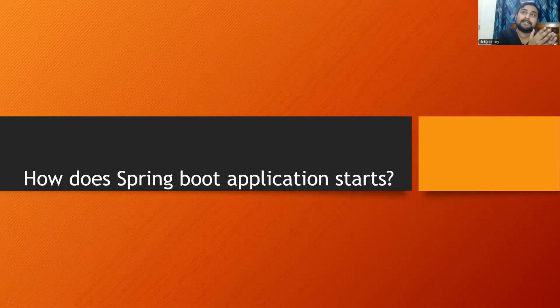After the bean initialization process starts, it begins with @SpringBootApplication, which is the starting point. As soon as you hit the particular endpoint, it first goes to @SpringBootApplication to understand which are the Spring managed beans.